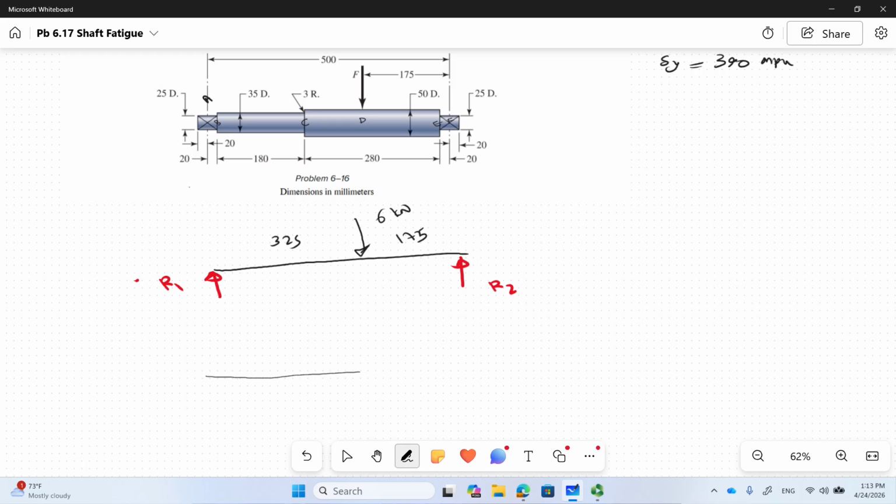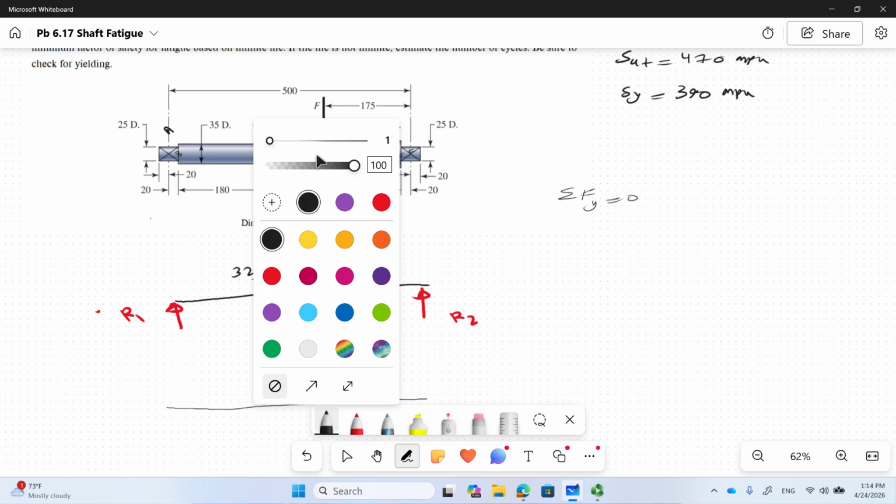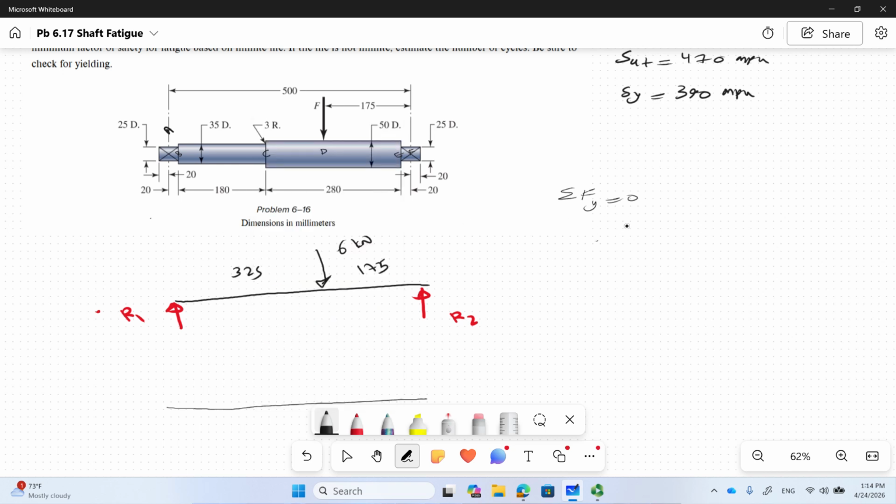You need to find forces R1 and R2 first. To do that, we know that for equilibrium of this shaft, the summation of forces in the y direction must be 0. That means R1 plus R2 will be 6 kilonewton.